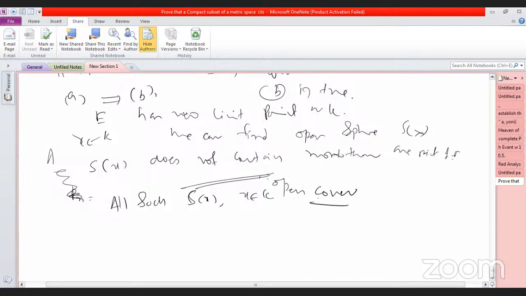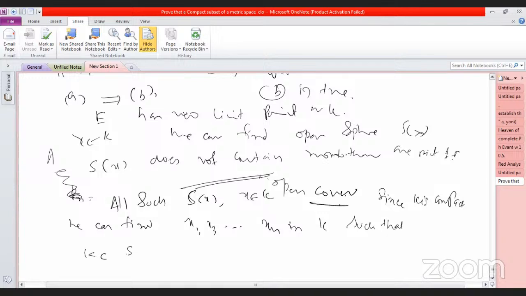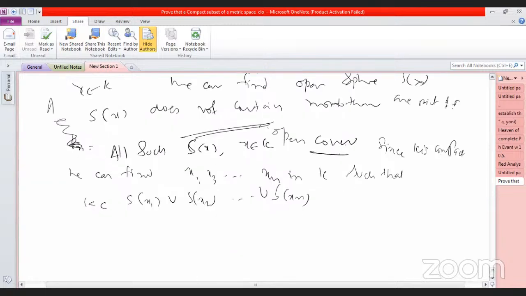Since K is compact, we can find x1, x2 and so on, xn in K such that the open cover has a finite subcover: S of x1 union S of x2 and so on, union S of xn. So E is a subset of S of x1 union S of x2 union and so on, union S of xn.